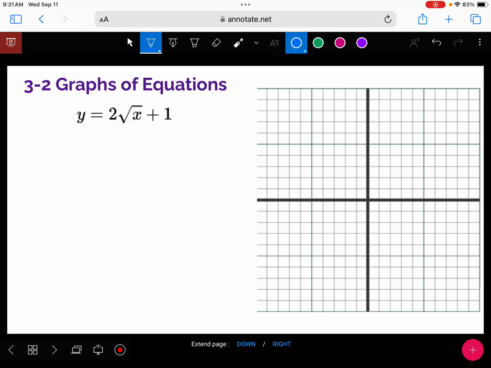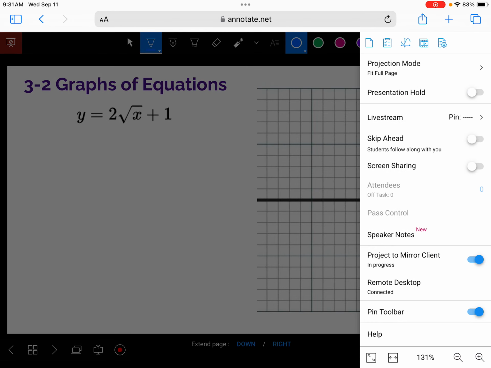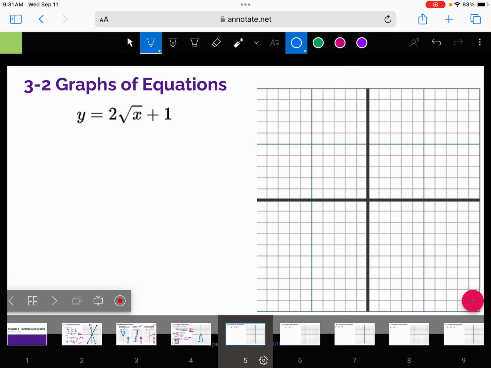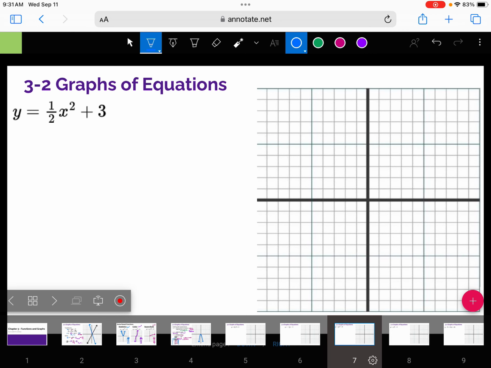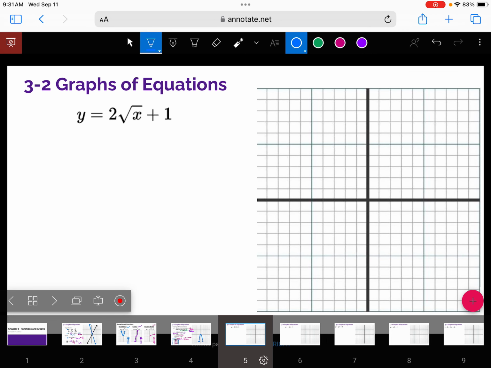This is a square root function. Ooh, I love it. It's not actually in my notes. Fun times. Where in the chaos did I get this from? Okay, works for me. All right, so this is using our square root function. So we are going to base it off of our square root table and apply our transformations in exactly the same way.